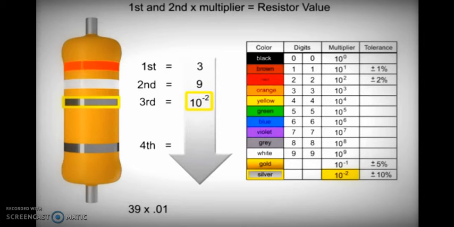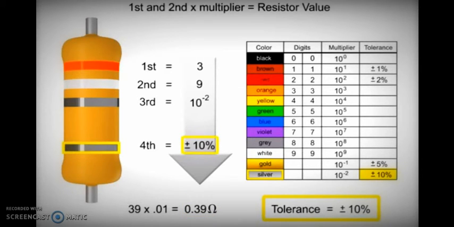And the 4th band is again silver, so the entire value of the resistance is 39 times 10 power minus 2, which is nothing but 0.39 ohms with a tolerance of plus or minus 10%, as silver is the tolerance band.